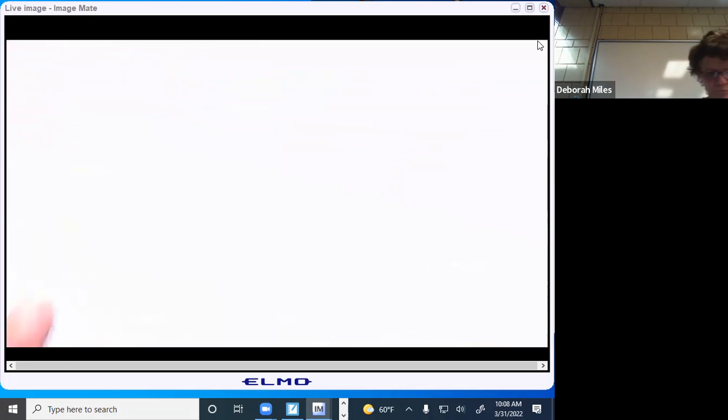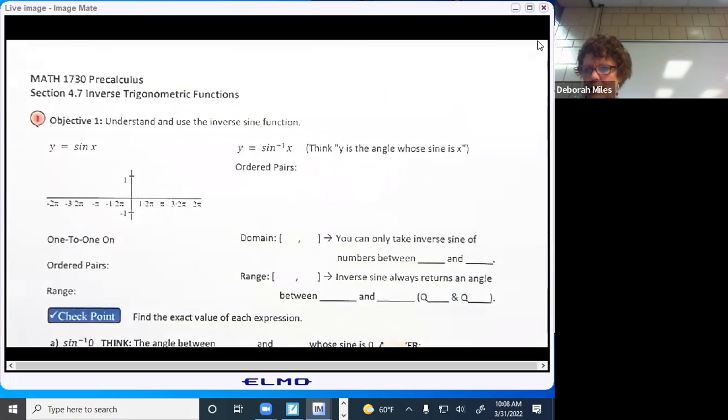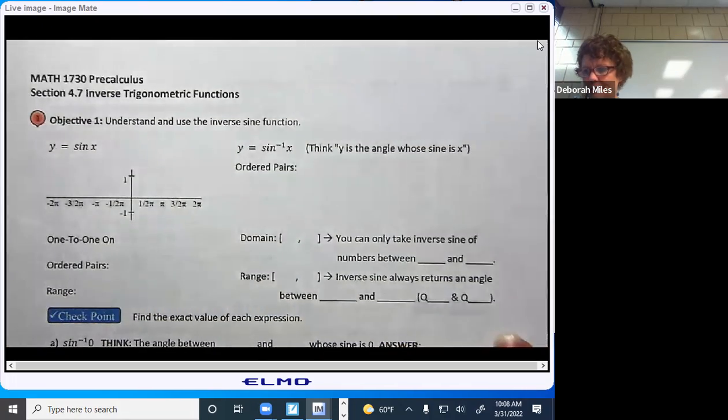So I brought 4.7 with me. I told y'all to go ahead and bring all your notes with you in case we ended up stopping in oddball places. Maybe we can get through at least objective 1, talking about inverse trig functions.